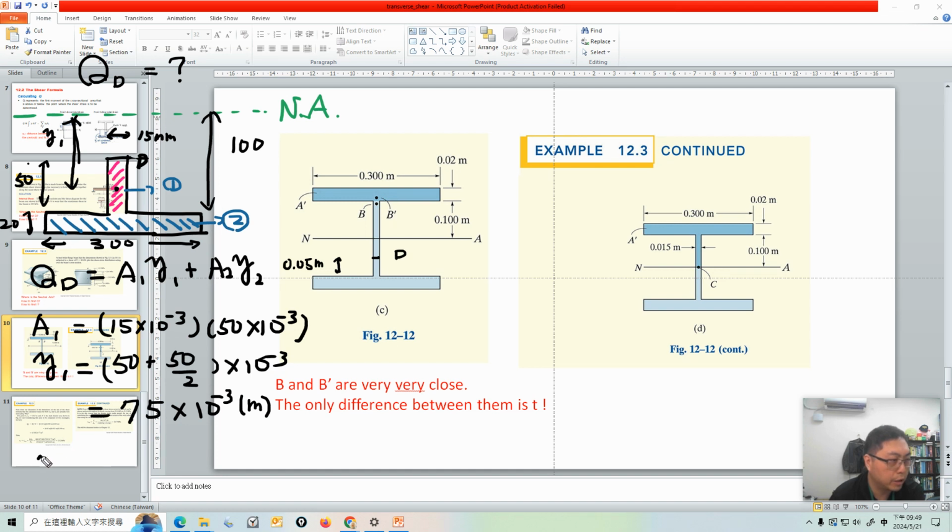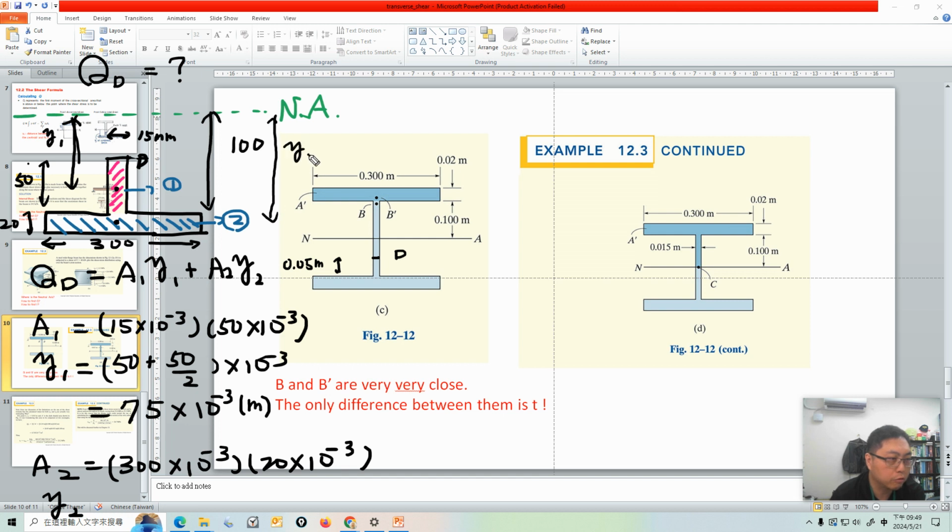And what's our A2? A2 is the blue area, equal to 300 times 10 to the power minus 3 and 20 times 10 to the power minus 3. That's for A2. And what's the Y2? It's the distance between the centroid and the neutral axis. The centroid for area 2 is here, so this is your Y2.